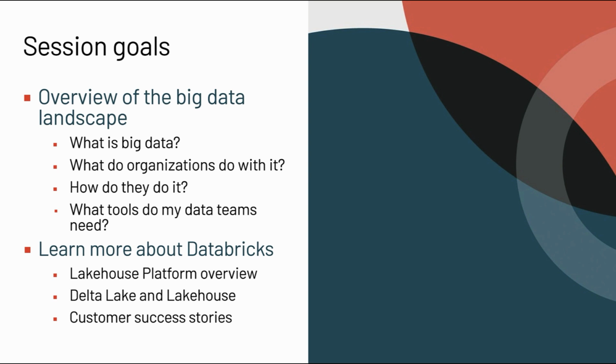So for example, what is machine learning and how does that differ from deep learning? We'll spend a good time talking about data management systems, so looking at the pros and cons of data warehouses and data lakes, for example. And we'll talk about the issues that organizations face when it comes to big data and AI. So that's the first half of the course.